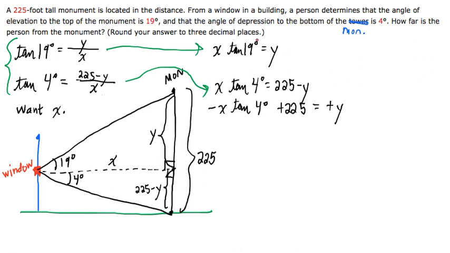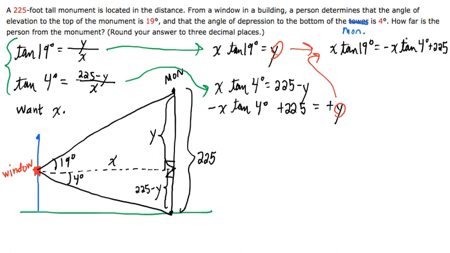Now, these two y's I'm going to set equal right here. So from this top equation right here, we have x times tangent of 19 degrees is equal to this bottom equation, negative x times tangent of 4 degrees plus 225.